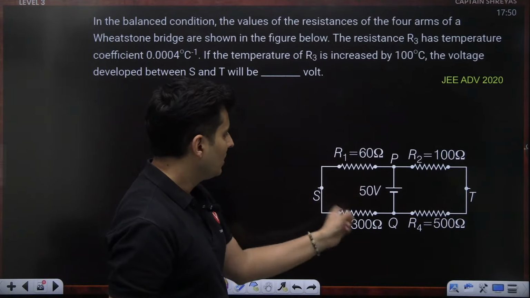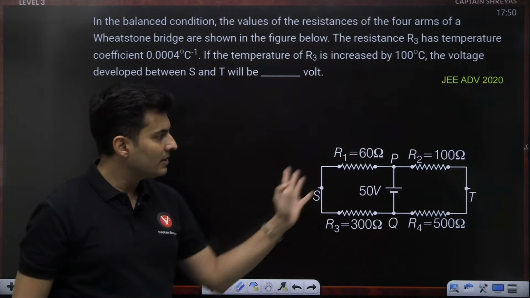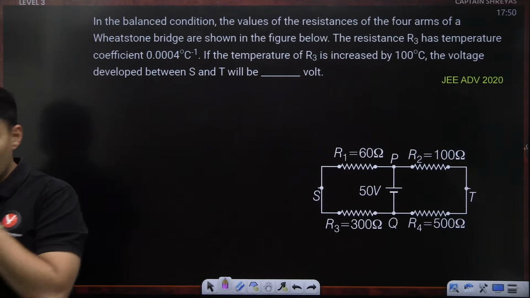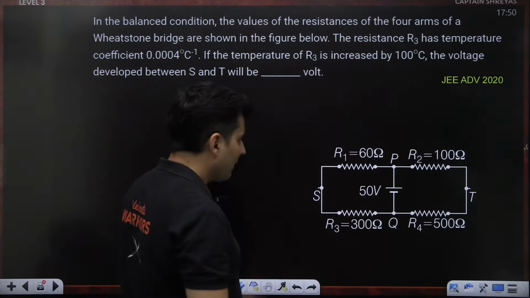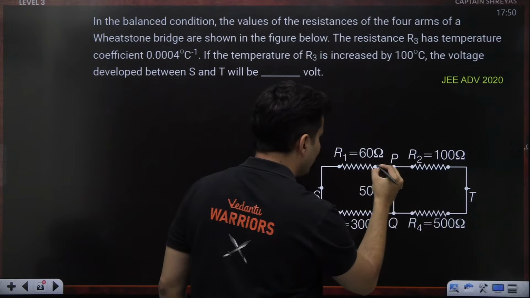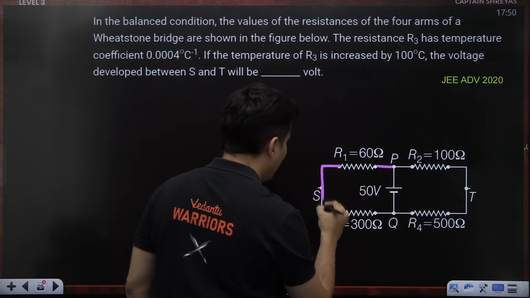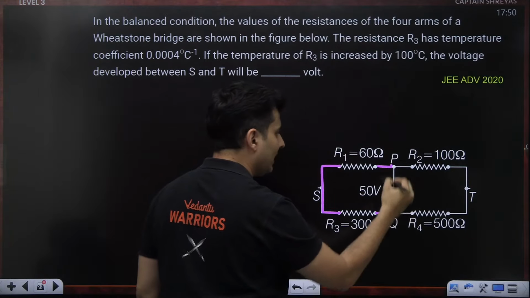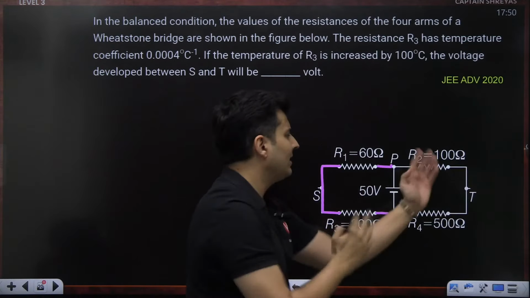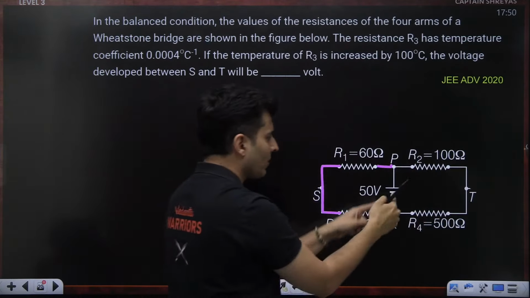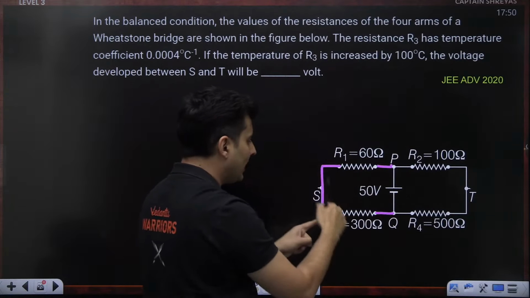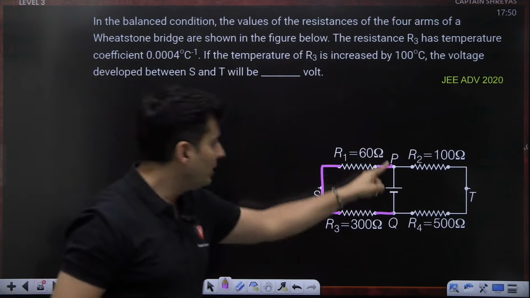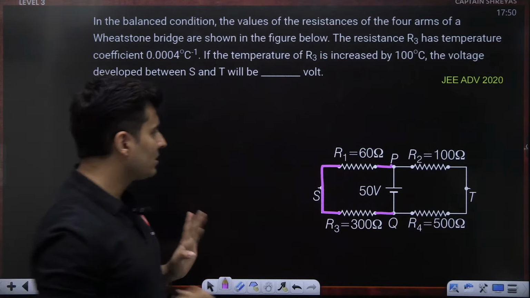Let's think what is exactly happening in this part and that part separately. Why? Because if you consider exactly this part of the circuit between points P and Q, forget that, because that has nothing to do with this. Between P and Q, the voltage is 50 volts.